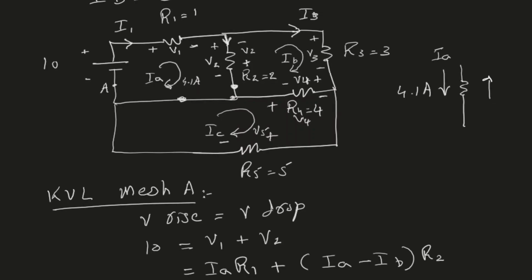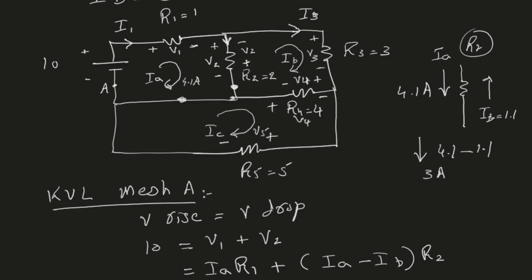And we have IB, which is equal to 1.1 ampere, and that is going upwards. So the net current in this resistor, which is R2, is 4.1 going down, 1.1 going up. So the net current is 4.1 down minus 1.1. So that is actually 3 amperes. So 3 amperes is the value of I2. And this is my I2. So now you can see that the actual current in this resistor is going downwards. It has a value of 3 ampere.